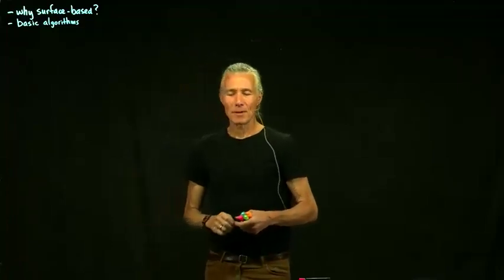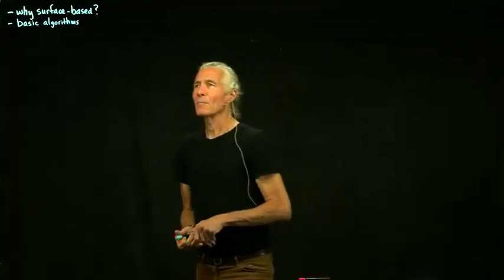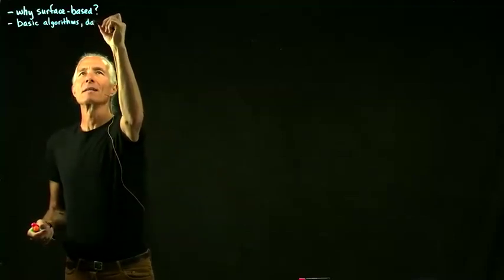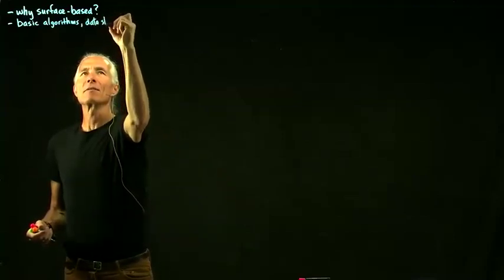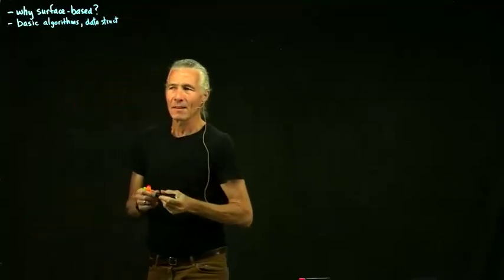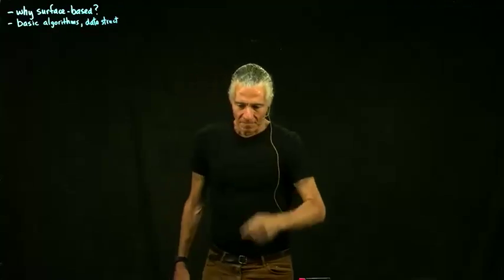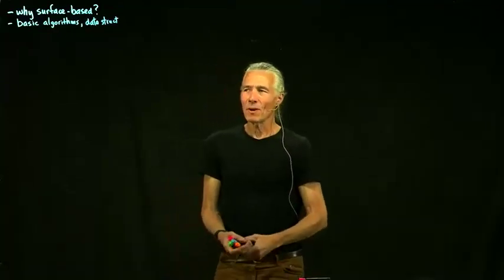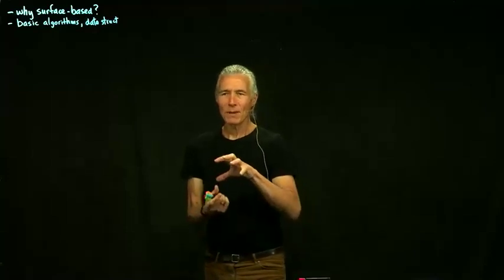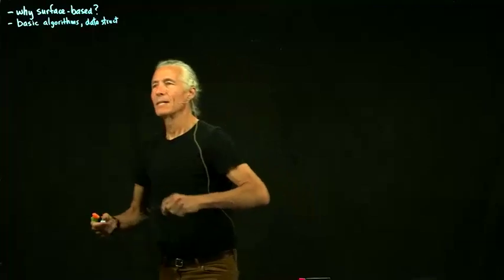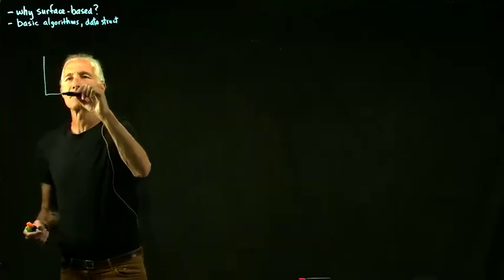And then talk about some of the basic algorithms and data structures, which are different than when you analyze data in 3D. So what are we starting with? We're starting with basically a 3D block of voxels.